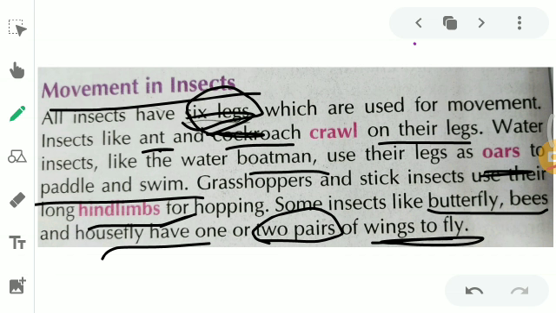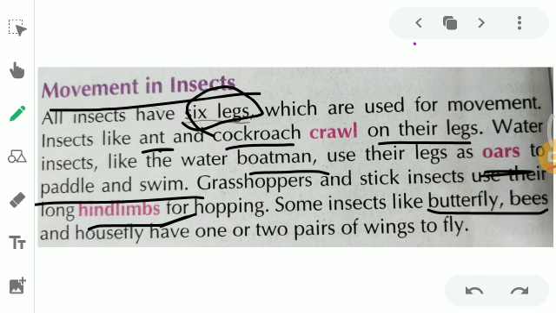Grasshopper and stick insects use their hind limbs for hopping. And insects like butterfly, bees and housefly have 1 or 2 pairs of wings to fly. So which insects use wings to fly? Those are butterfly, bees and housefly. Okay, so this is the movement in insects.